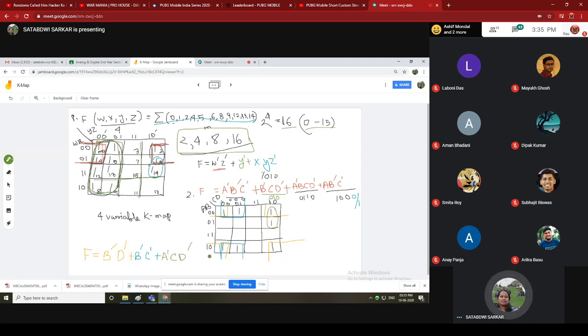And here A is 1, that is changing, B is 0, same, C is 0, again changing, and D is 0. So it becomes B bar, D bar. Okay, B bar, D bar.